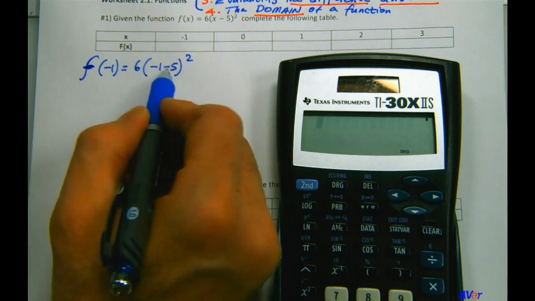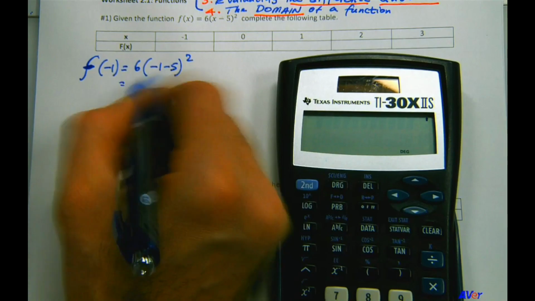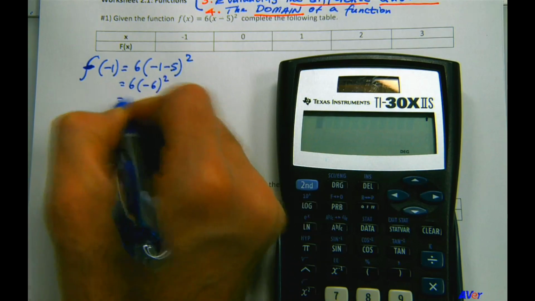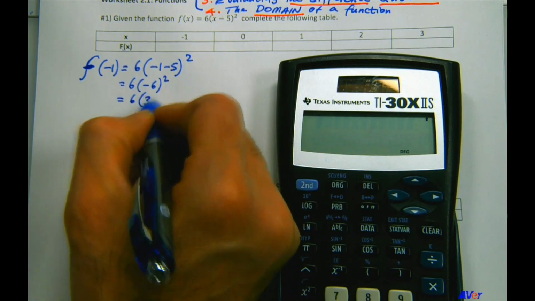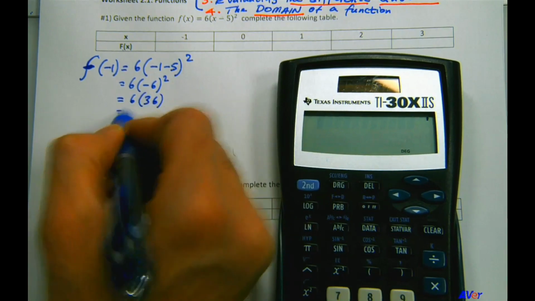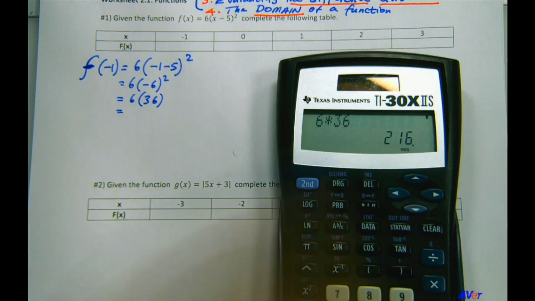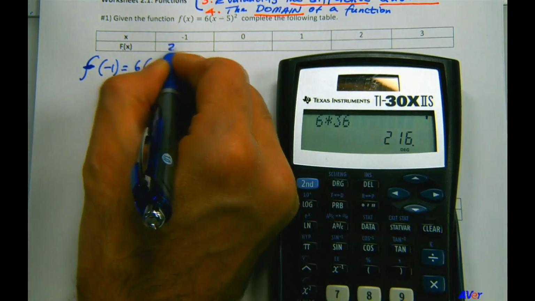So -1 minus 5 is equal to -6, right? And -6 squared is positive 36. So 6 times 36, what do we end up with? 216, right? So that number goes here.